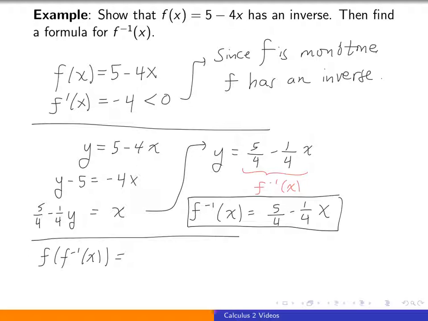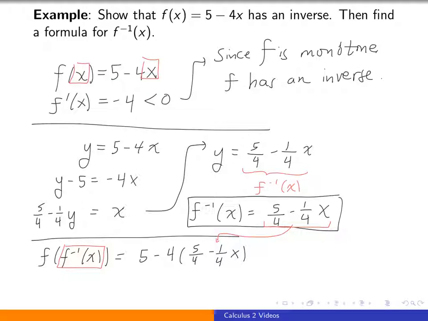So if I want to calculate f of f inverse, I need to go up to my function f, and wherever there is an x, I need to replace it with f inverse. So that would be 5 minus 4 times f inverse, 5/4 minus 1/4 x, because our f inverse is getting plugged in.